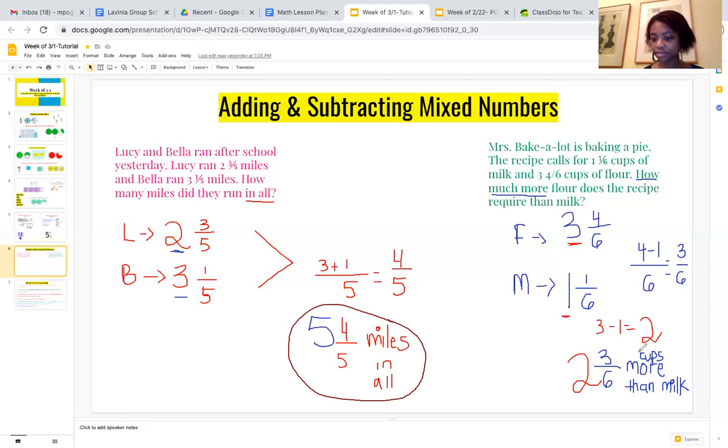And for this problem, we have 2 3/6 cups more than milk.